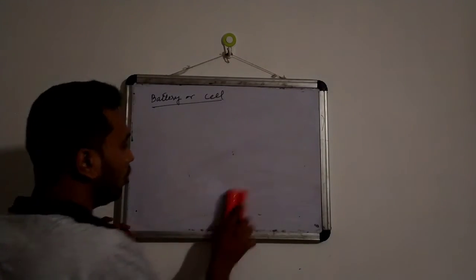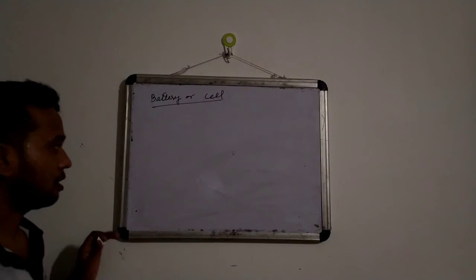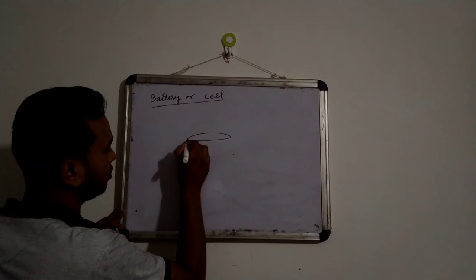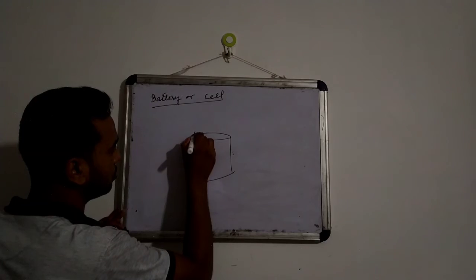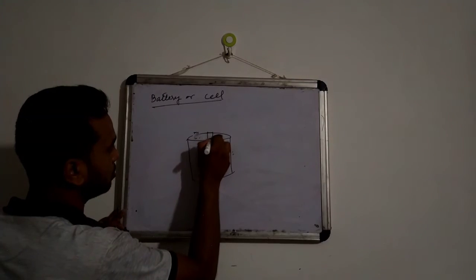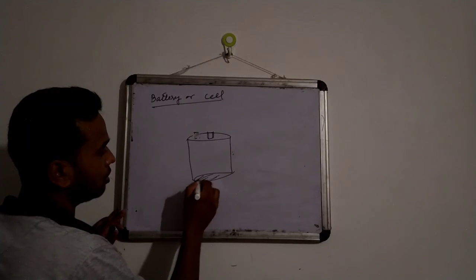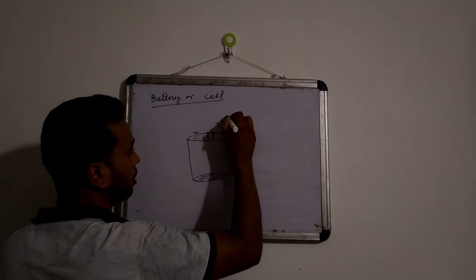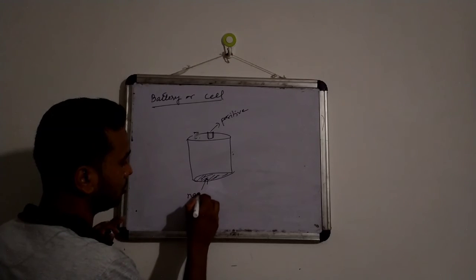In a cell, there are always two terminals. One is the positive terminal and the other one is the negative terminal. Suppose this is our cell. So this is one terminal and this is another terminal. If this one is the positive terminal, then this will be the negative terminal.